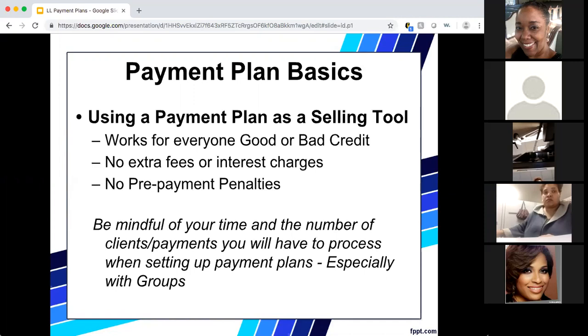But always, again, this is going to rest on you as the travel agent. So you want to be mindful of your time and the number of clients and or payments that you'll have to process when you're setting up a payment plan, and this is especially true with groups. We all have those dreams. We want that big group, but big groups require management. So if you're going to do a group cruise, note that 15 cabins could mean 30 people.